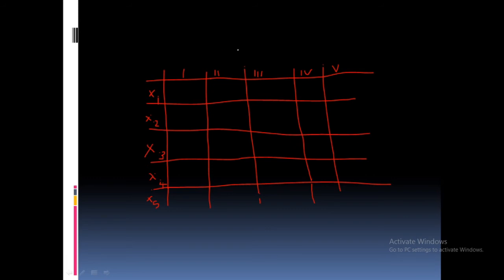So these are fertility levels here. This is fertility level. And here, what is it? Seed difference.